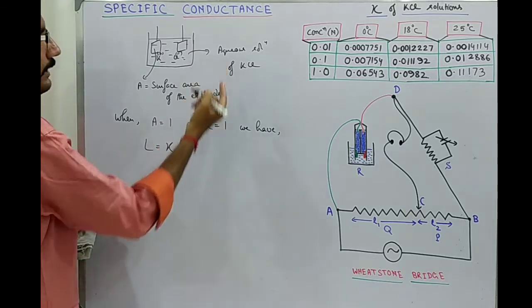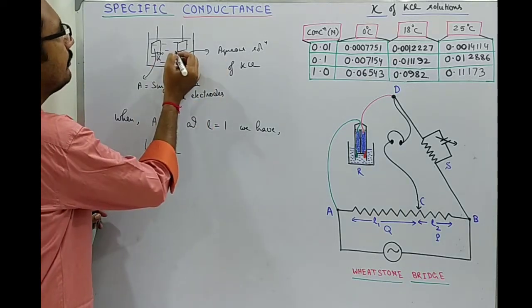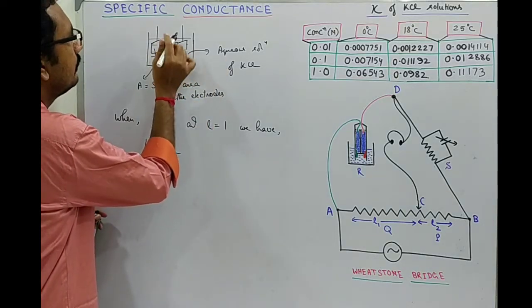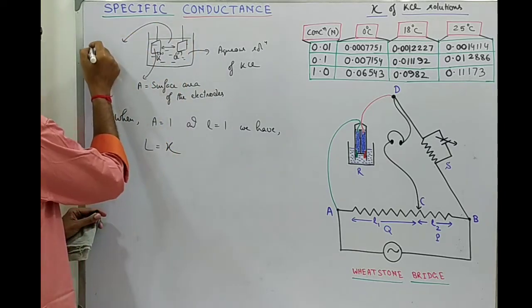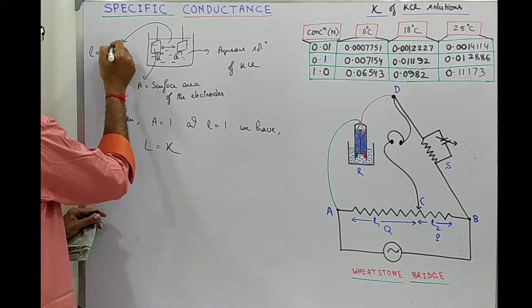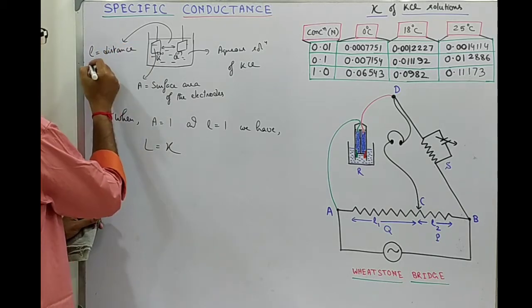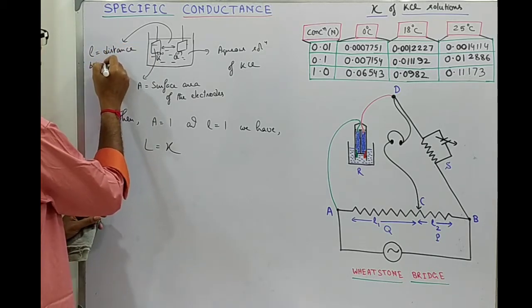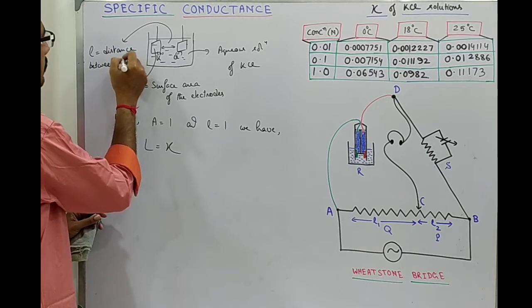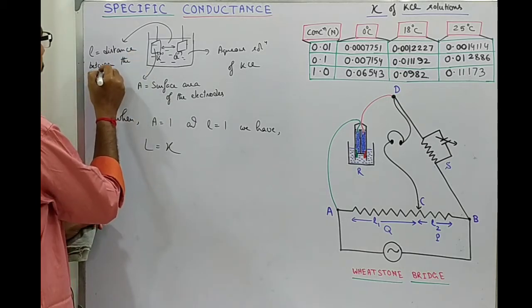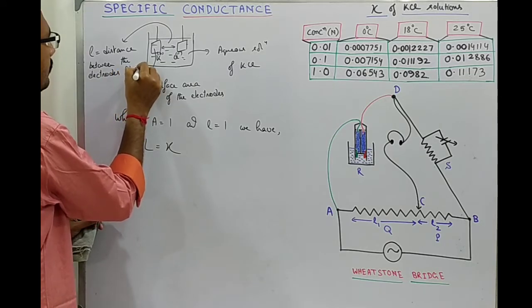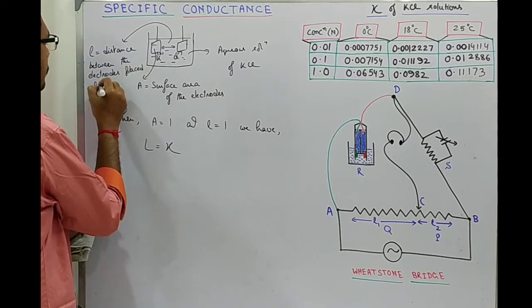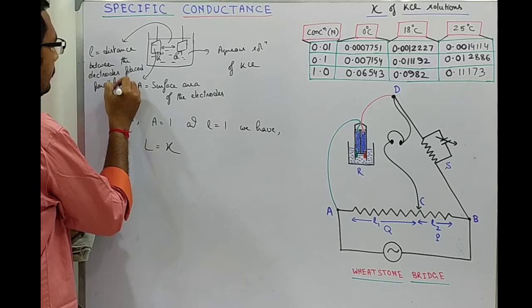And this L will mean the distance between the electrodes placed parallelly.